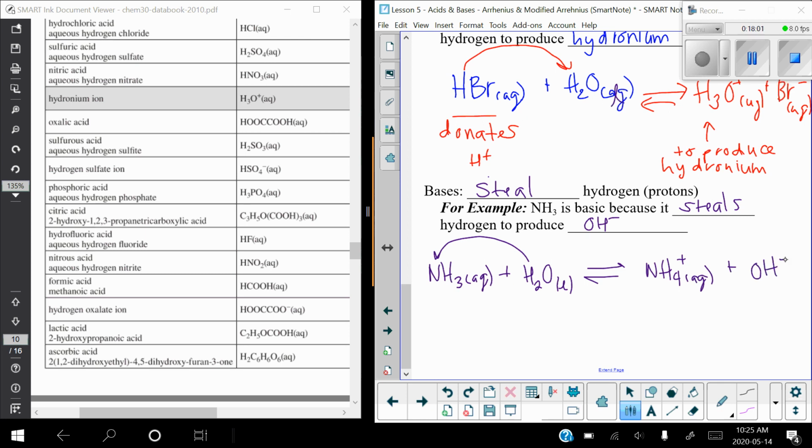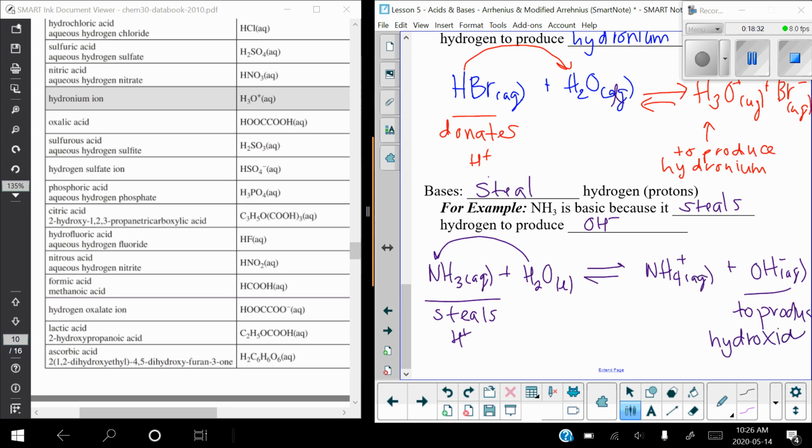So this is the only exception where it forms ammonium. So these are two ways to tell that it's a base. It steals H plus, and it produces hydroxide.